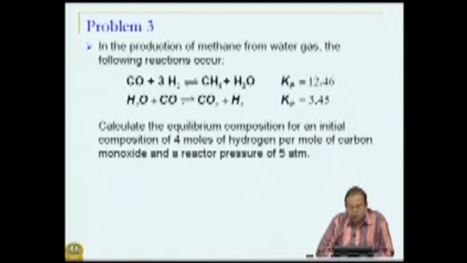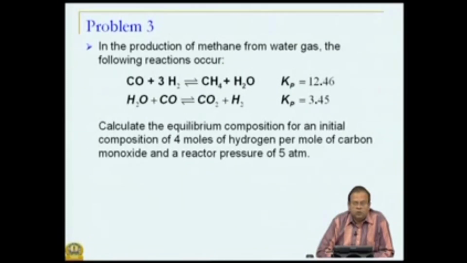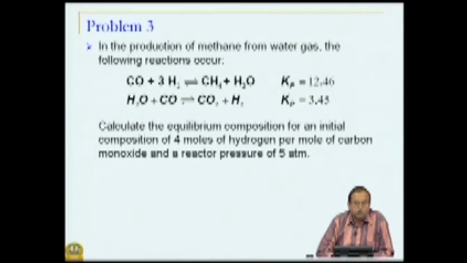Equilibrium constants are given. Calculate the equilibrium composition for an initial composition of 4 moles of hydrogen per mole of carbon monoxide and reactor pressure of 5 atmosphere.